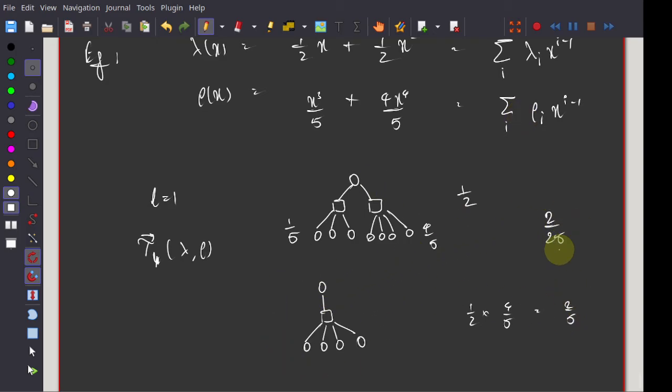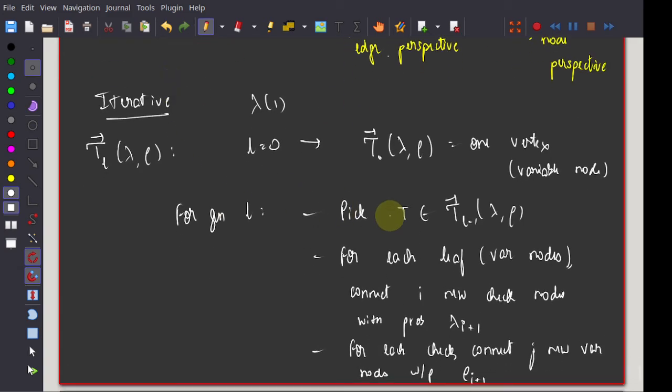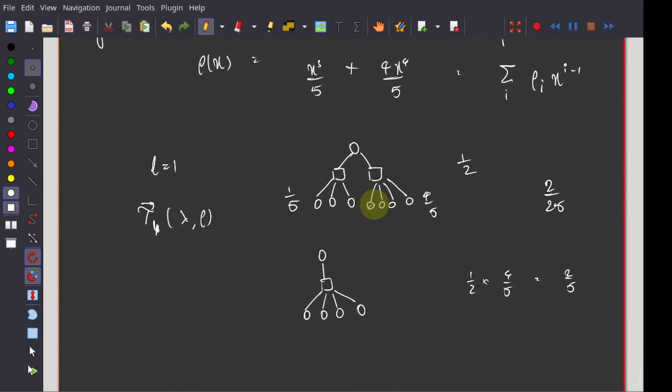With probability 2 by 25, you will end up with this particular one. But all of them are probable to occur. From the node perspective, there's only a very minor modification to this particular construction, and that is in the construction of the first level.